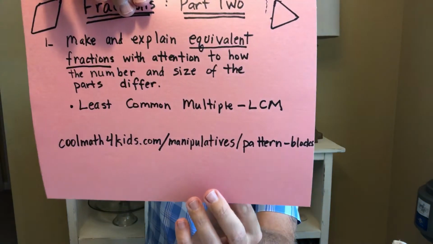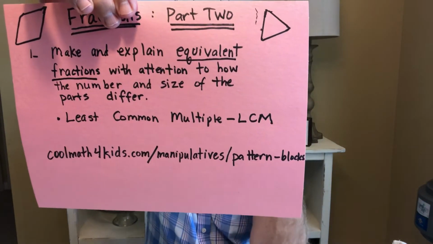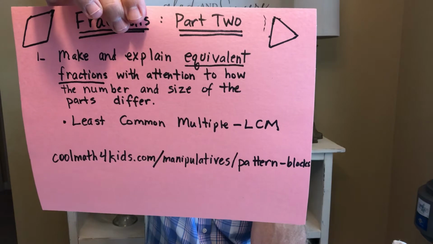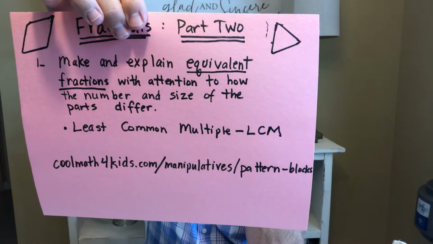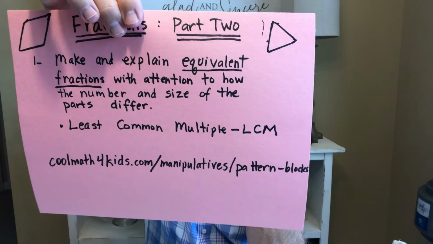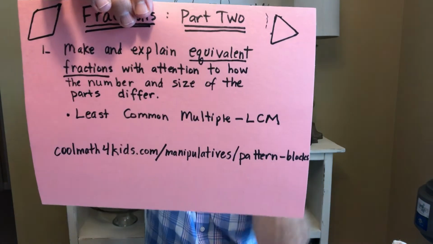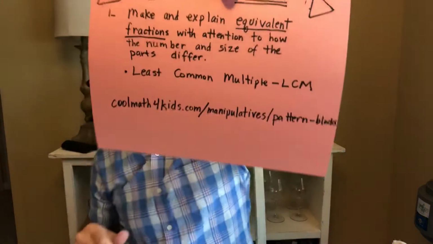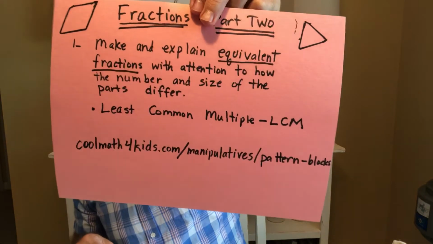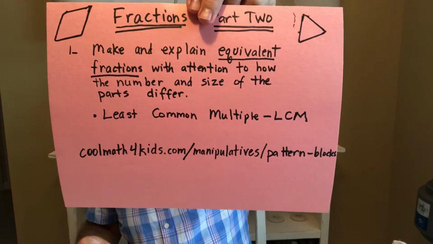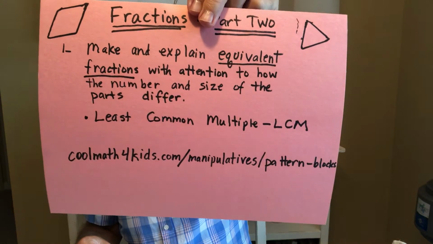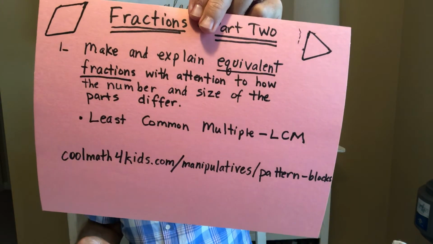If you go to that website, there is a section with pattern blocks that you can click on, and you can manipulate the pattern blocks and put them on top of each other, just like I'm going to do today, so you can see the way that we can use that to help us with the least common multiple.